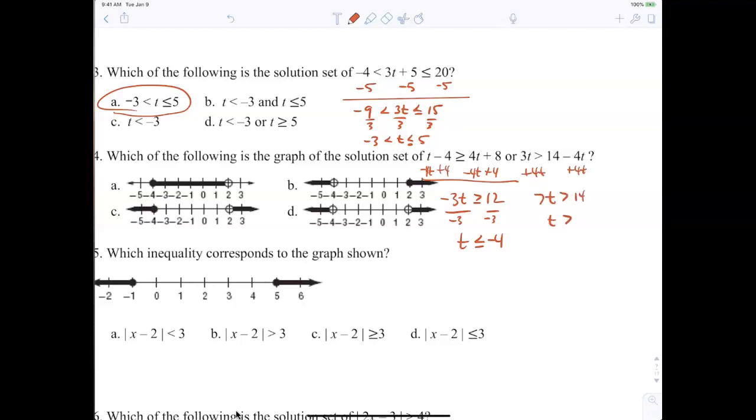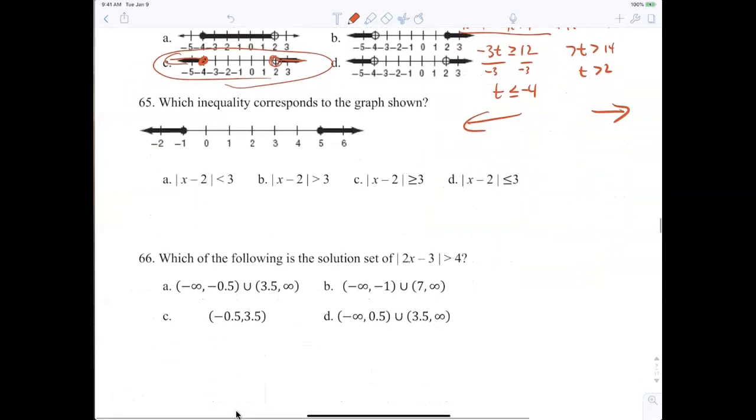Divide by 7, t is greater than 2. Now again, this is an OR statement. So this is what I was saying. It's going to go in the opposite direction. So less than or equal to -4 and greater than 2. Less than or equal to is going this direction. Open circle going this direction. Correct answer is C. All right.